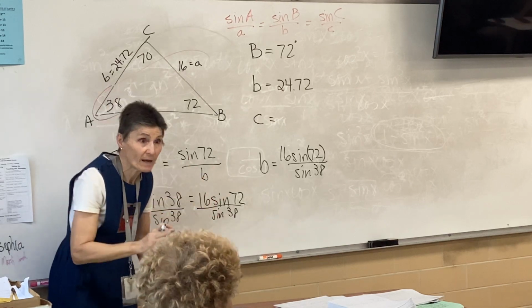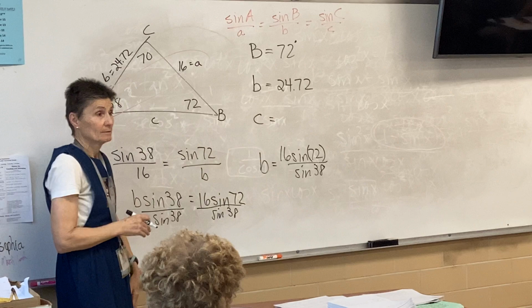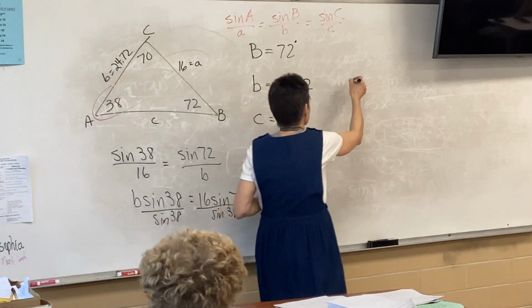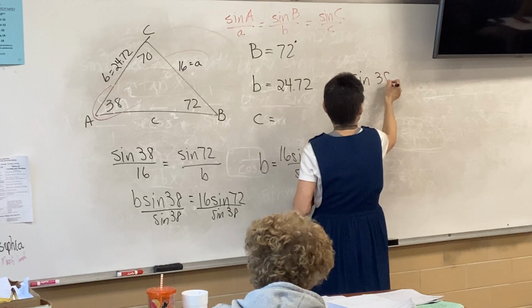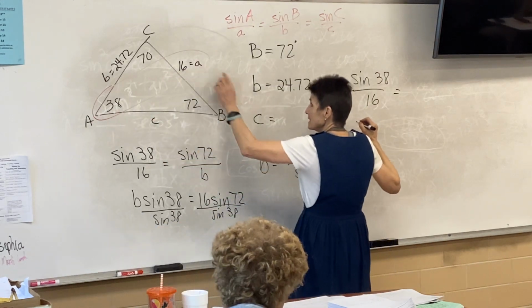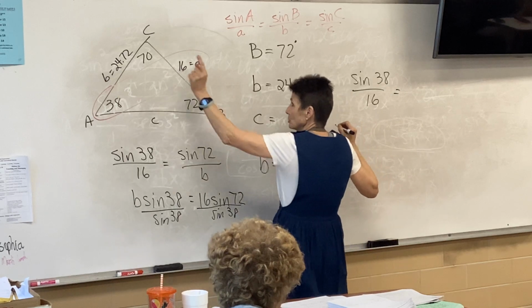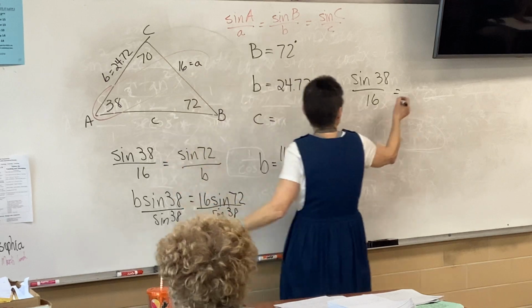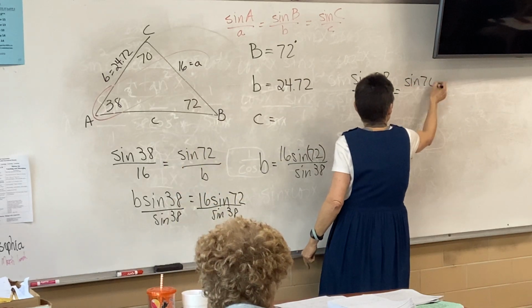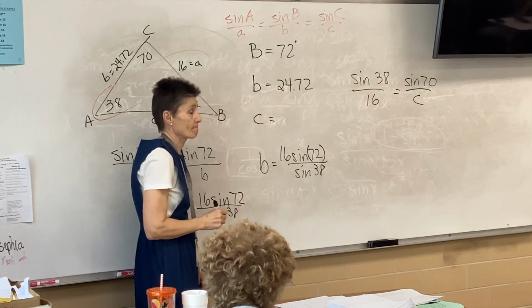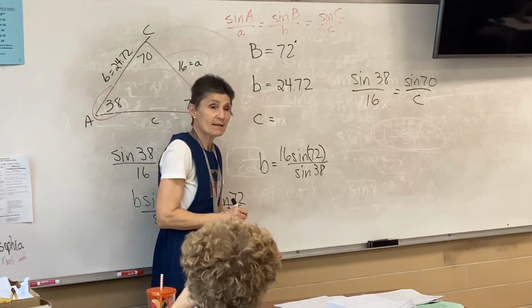Same way we found B. Back to what you know, sine 38 over 16. And this time, set it equal to sine 70 over C. Isn't that easy?